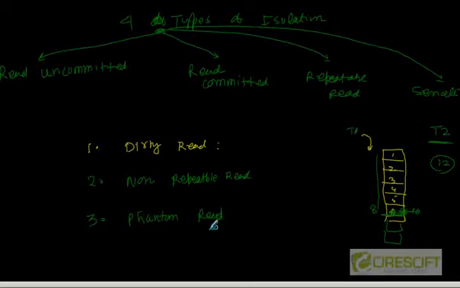Non-repeatable read and phantom read both give you different results at different times for the same query. In non-repeatable read, there is an update to existing data, and that is why we get a different result. In phantom read, somebody has inserted more data, but whatever data was read before remains the same.